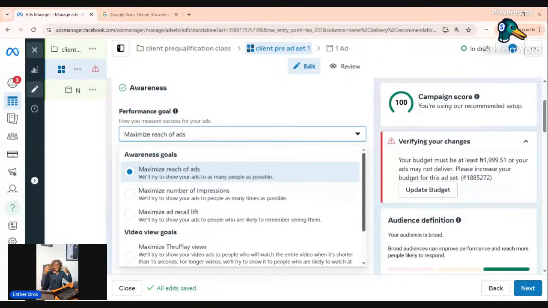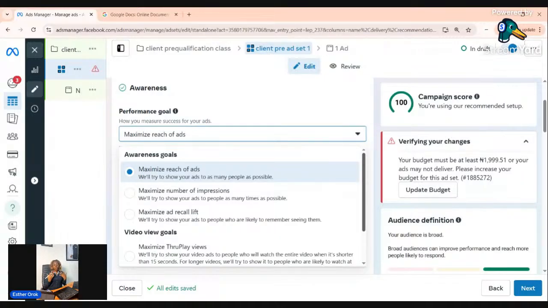So for example, for reach, if you are budgeting 10,000 naira, Meta can say that this 10,000 naira is going to get this ad shown to between 12,000 to 15,000 people. If you choose the option of maximizing the number of impressions, now you're also playing the mental game, because sometimes somebody just seeing an ad once doesn't mean that they are going to be converted, or that your brand has been impressed in their minds. Remember that in this objective, it is awareness.